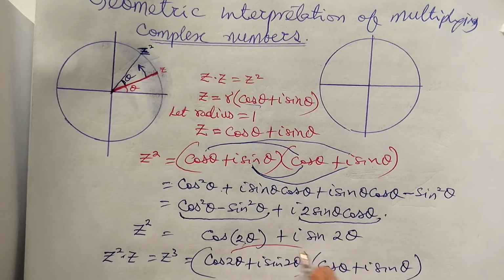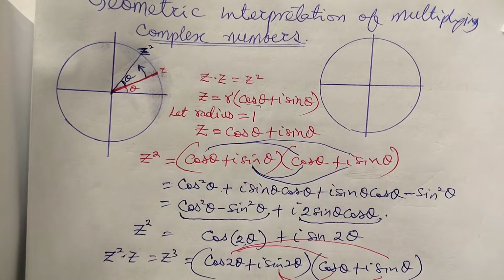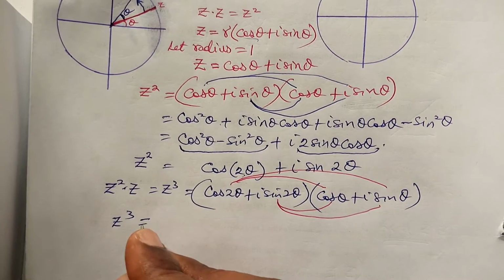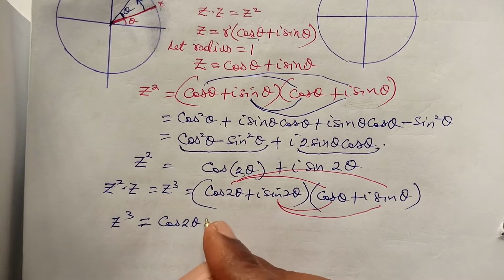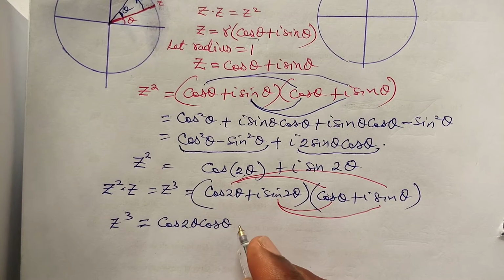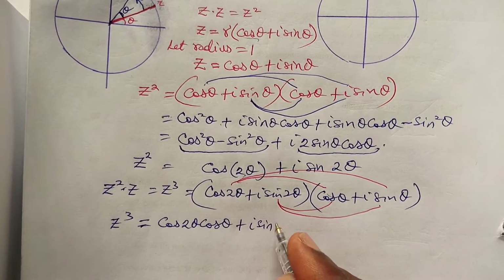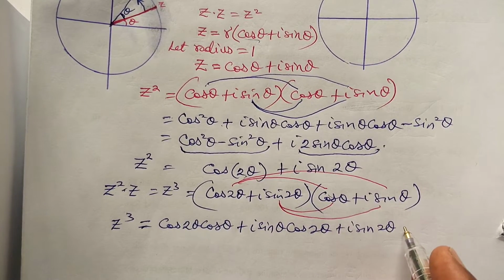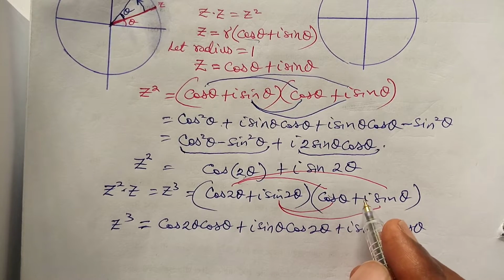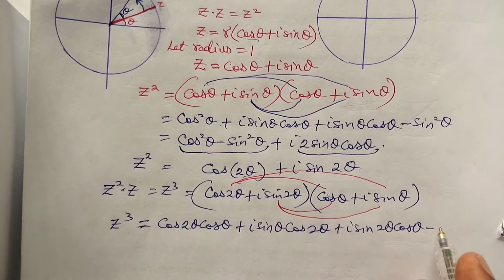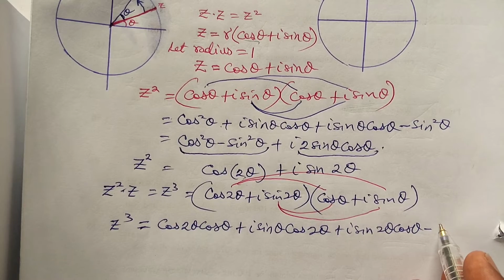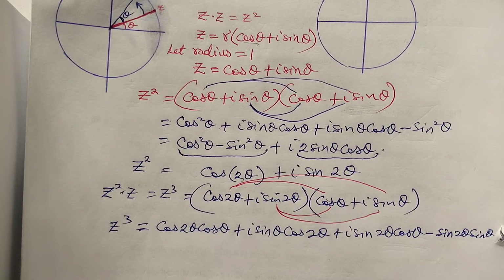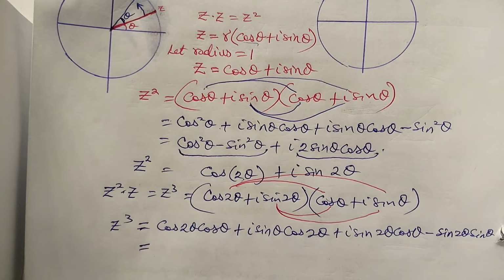Multiplying this with this and that with that, z cubed is equal to cos 2 theta cos theta, plus i sine theta cos 2 theta, plus i sine 2 theta cos theta, plus i squared, which is minus sine 2 theta sine theta. That's what we'll have.